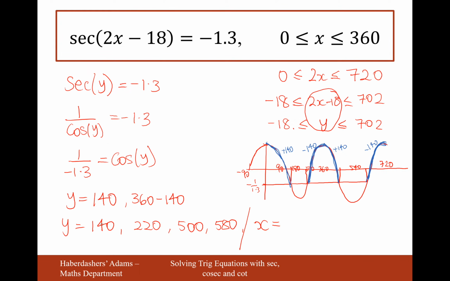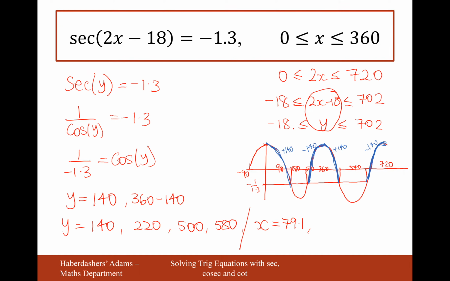So for the first one, I'm going to take 140 and undo this operation here to work out what x is. So I'm going to take my value for a, then add 18 to it, and then divide it by 2. I've done that all on the calculator, and to three significant figures my answer is 79.1.